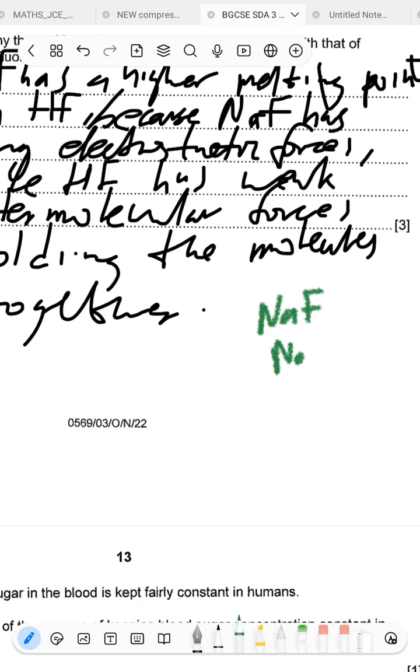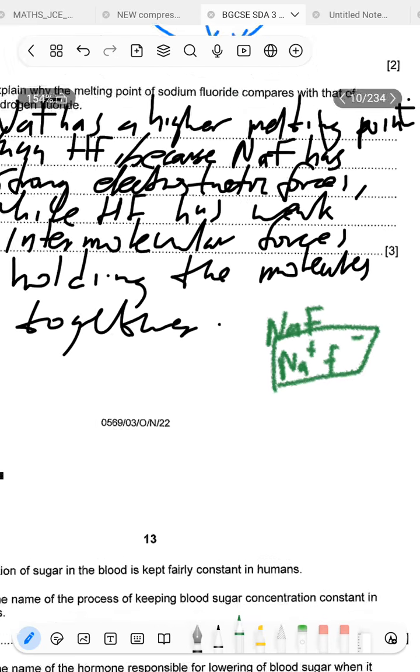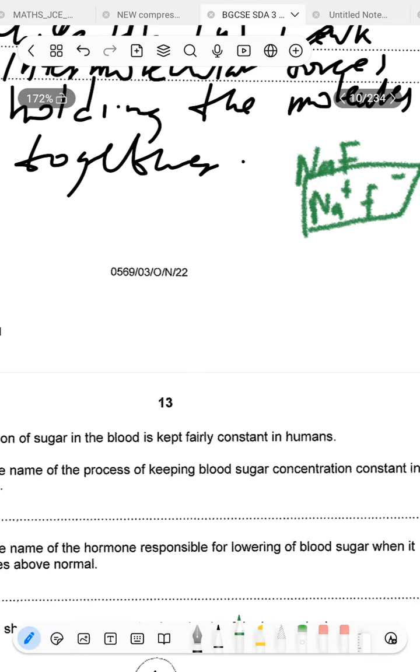So that means you have Na+ and F-. Now the difference between the plus and negative is giving us an electrostatic force. So the bonding here is going to be very strong, so you need a high amount of energy to separate the sodium from the fluoride ion.